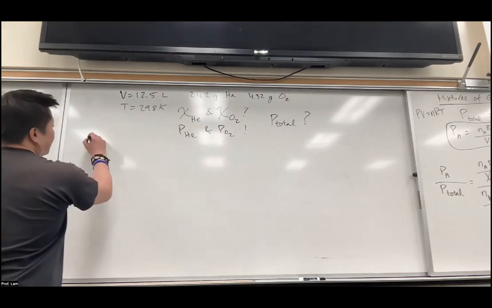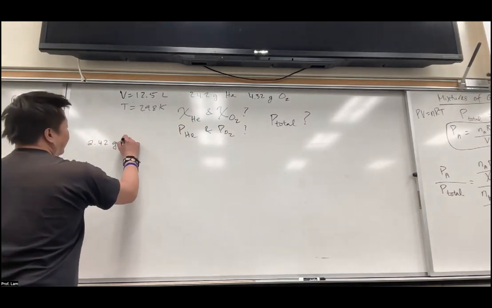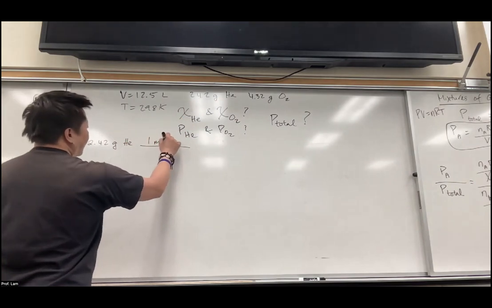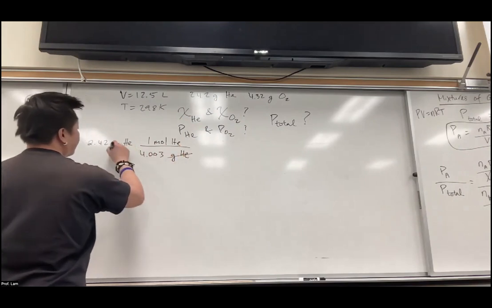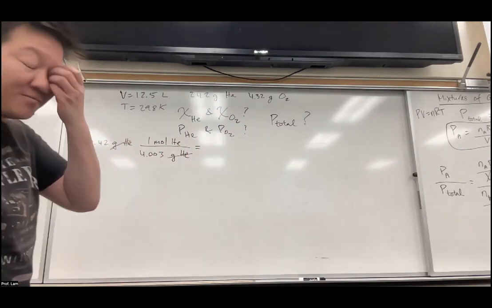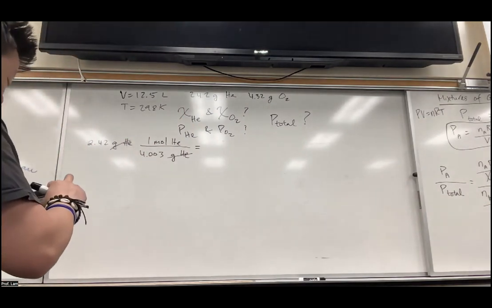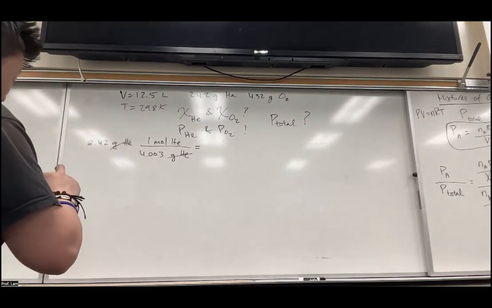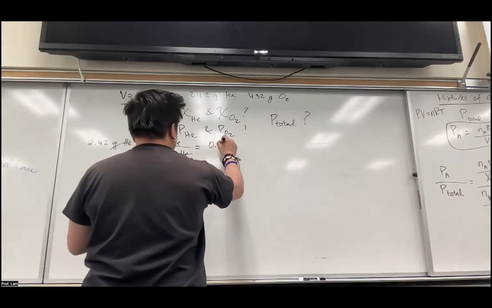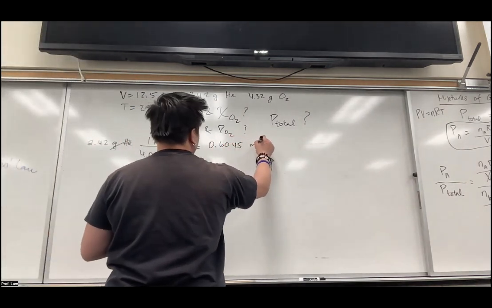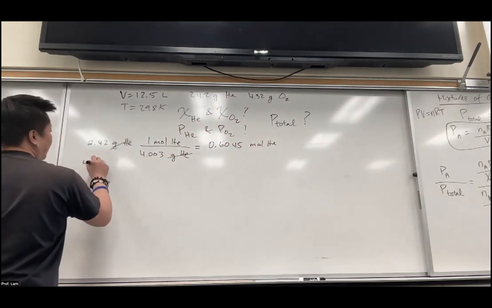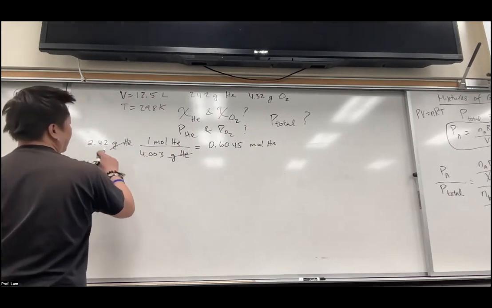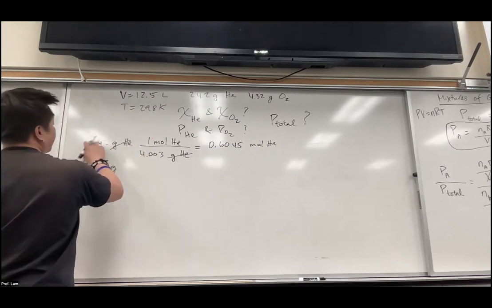So let's do that. 24.2 grams of He. Let's do 1 mole of He on top, 4.003 grams of He on the bottom. Get that number. 6.045 moles of He. Oh, oops, I wrote it down wrong, that's 24.2 grams.